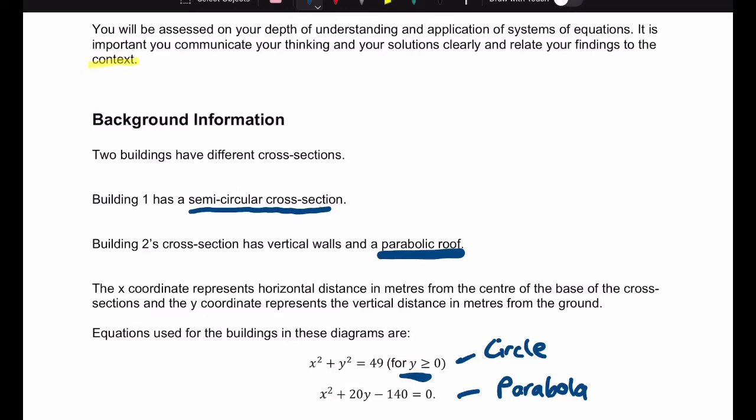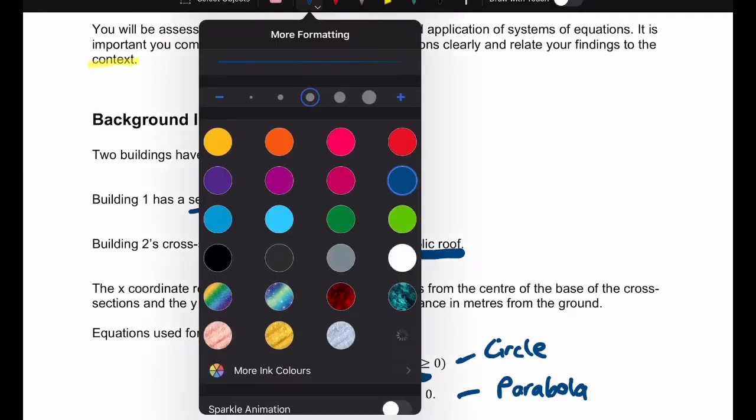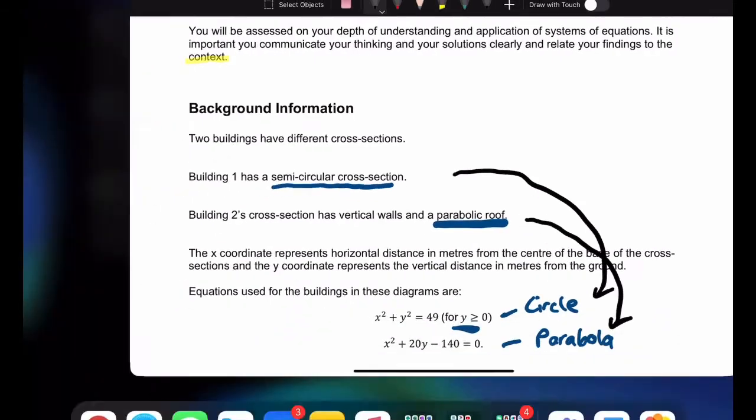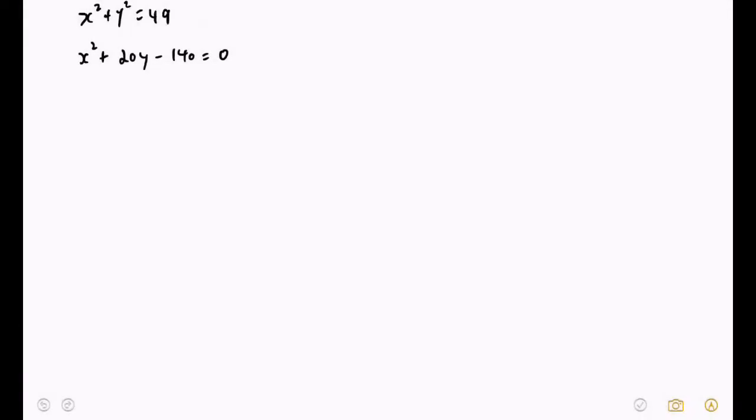So once you have identified which formula is which, this one goes to this, and that obviously goes to that. Write these 2 formulas down in your exercise books, paper, or wherever you are doing the work. So I'm doing it in notes, and I have the 2 equations written on there.